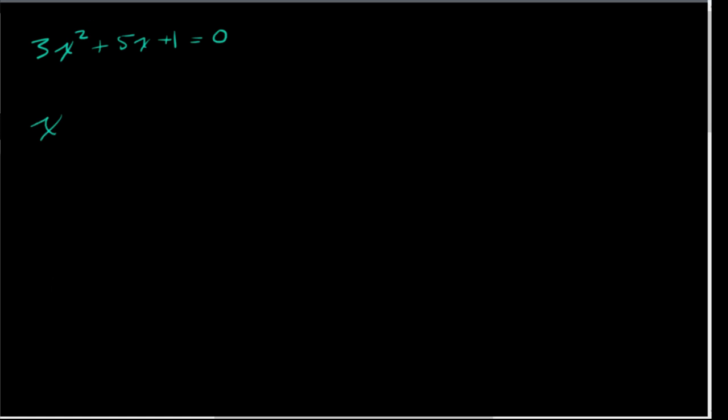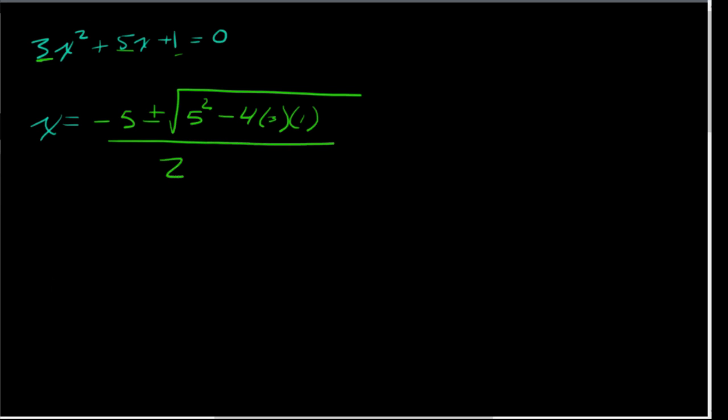So we can set up our quadratic formula. Quadratic formula is negative b, and b is 5, so negative 5 plus or minus the square root of b squared, and again b is 5, so b squared minus 4 times a, in this case 3, times c, which in this case is 1, all divided by 2 times a, which again in this case is 3.